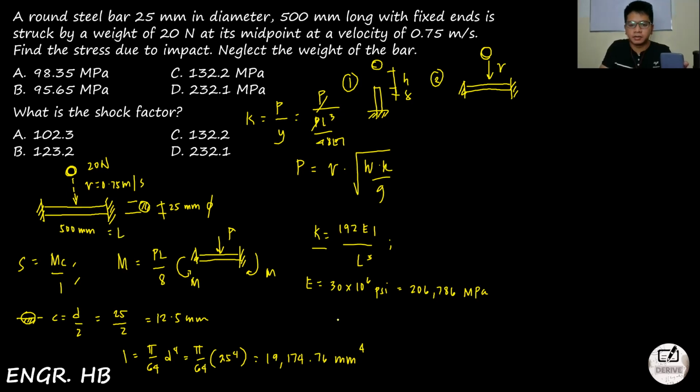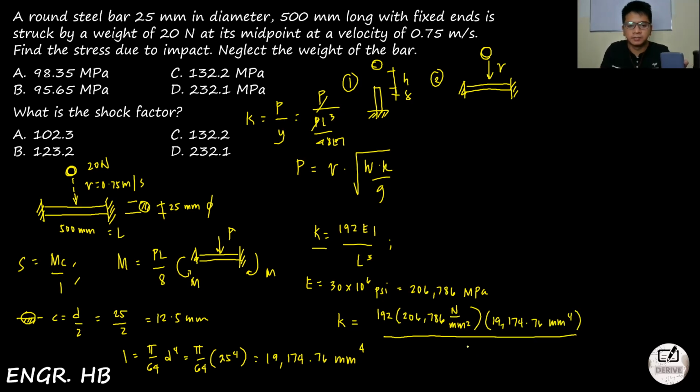So calculating the K, that will become 192 times 206,786 Newton per mm squared times I, which is 19,174.76 mm raised to 4. And our L cube should be 500 cube, and that will become mm cube. So magka-cancel si 4, si square magiging 2. Na force 3 minus 2 magkakaroon ng 1 dito.